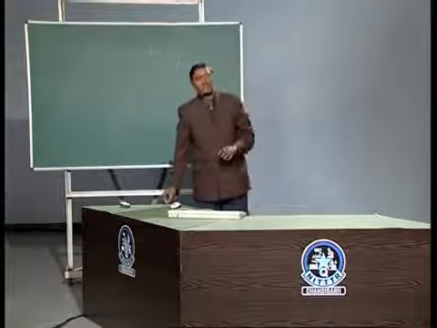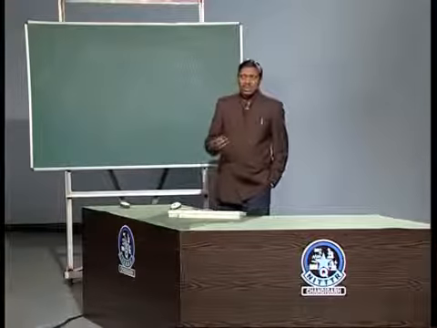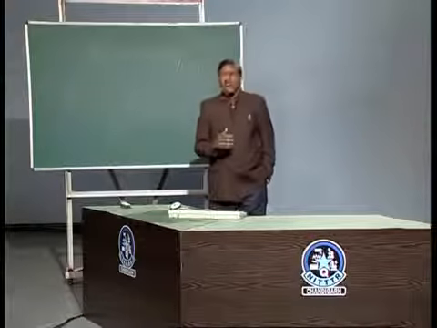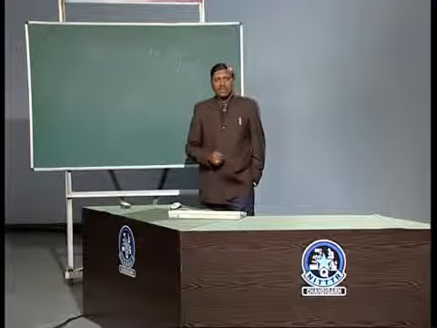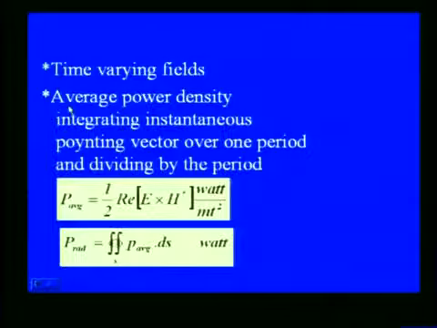Now, for a time varying situation like an antenna, where the electric and magnetic fields are going through a time varying situation, we are more interested in the average power density, and subsequently average power. So, the average power density is obtained by integrating the instantaneous Poynting vector over one period and dividing by the period. So, if you see this expression here, this P average is nothing but half Re E cross H star.